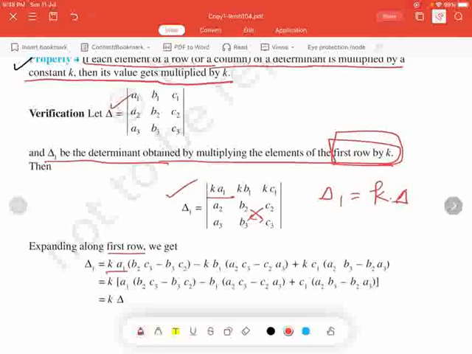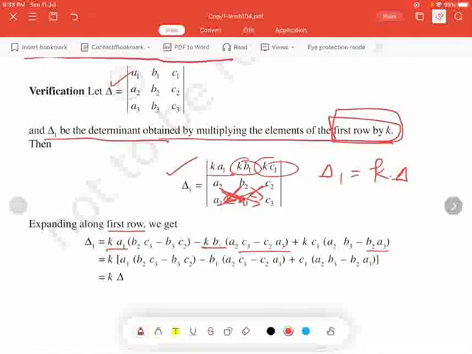b2 c3 minus b3 c2, minus k b1 into a2 c3 minus c2 a3, and k c1 into a2 b3 minus b2 a3.